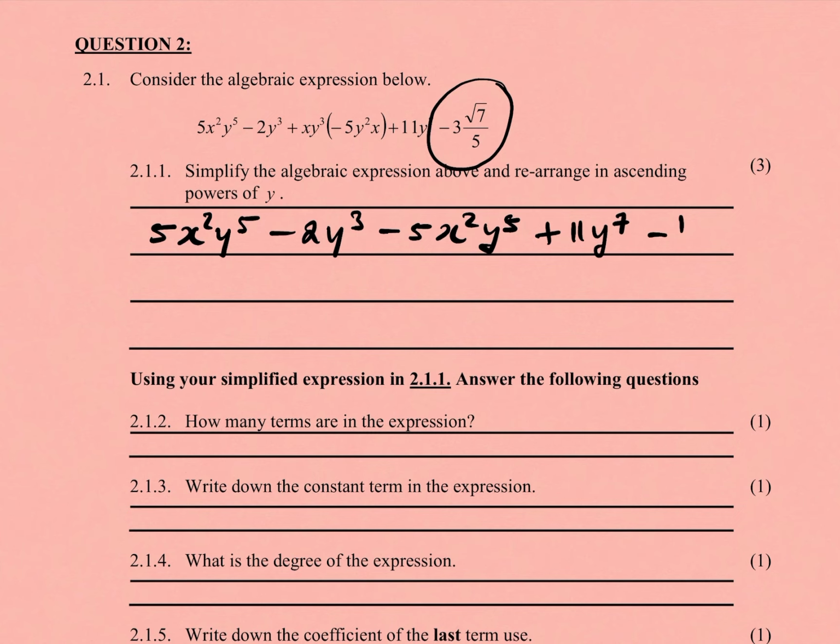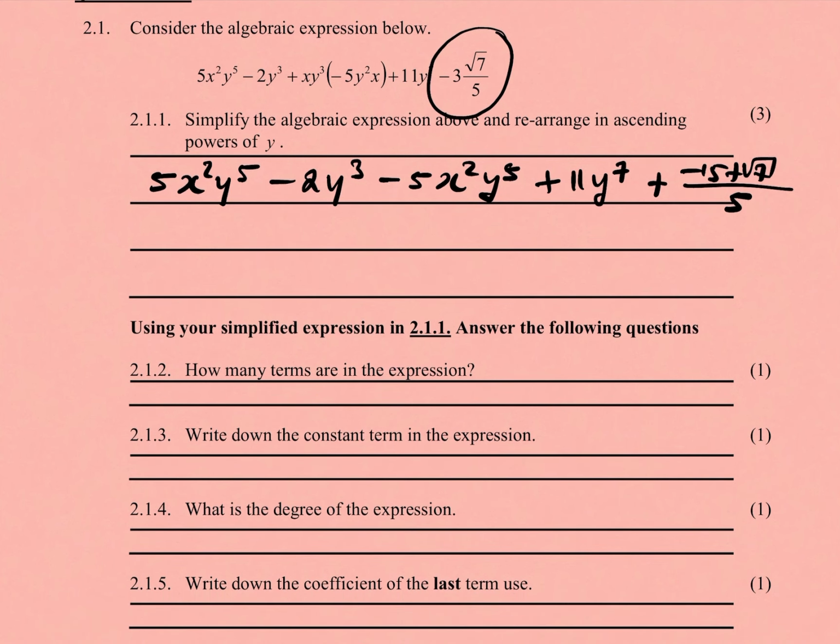So let me just really write it nicely. This should be negative 15 plus the square root of 7 over 5. Okay, so that is the answer there. It's not really difficult. Let's see how far we can go with that. We have to simplify something here. So this portion here and that portion here, they are like terms, so they basically cancel out, and then we are left with what now?